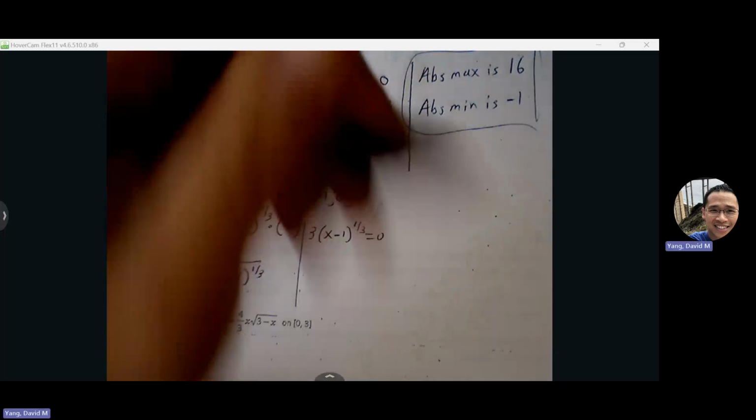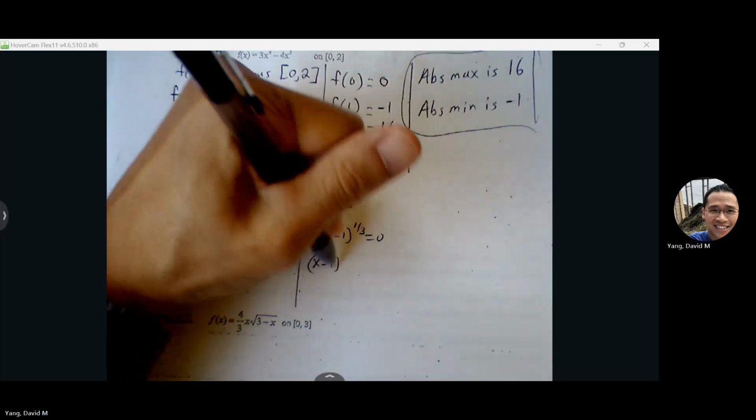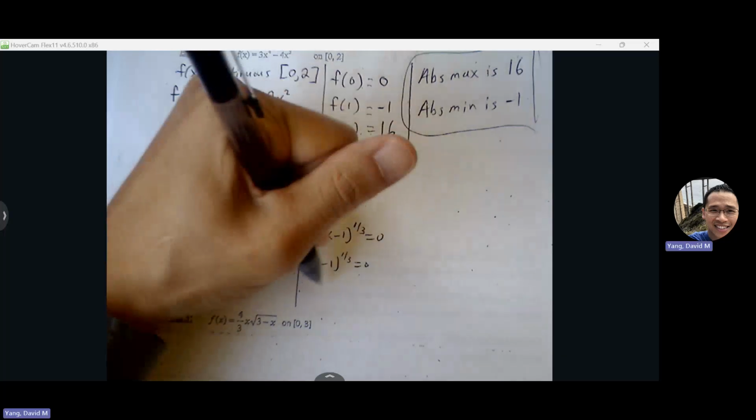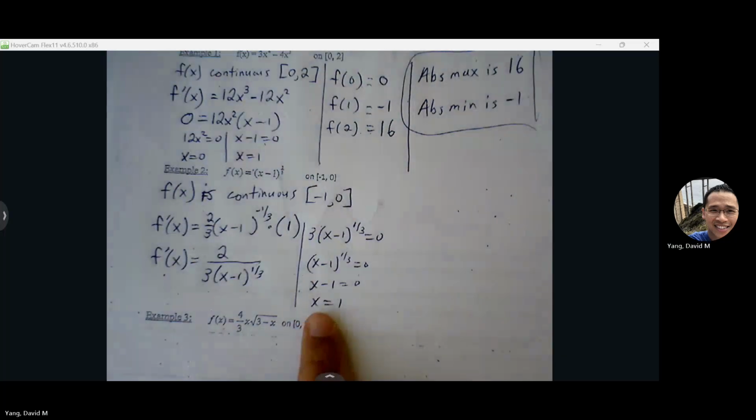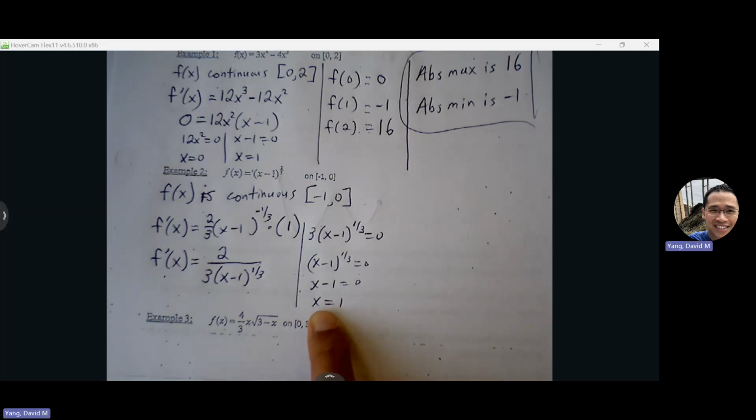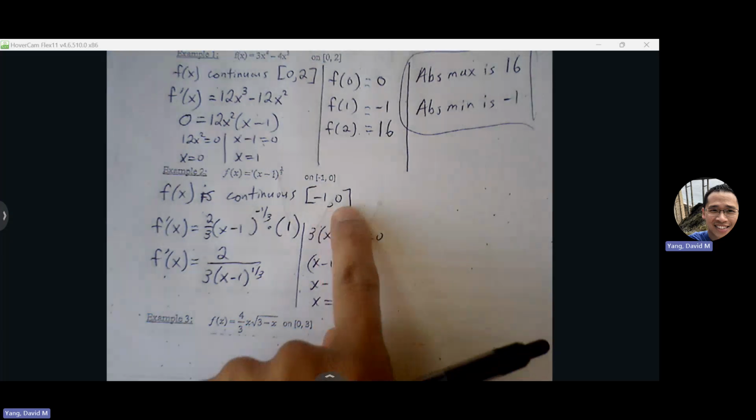Okay, so algebraically, we'll divide by 3 first. Cube both sides. Solve for x. So we have a critical point, but is this a valid critical point for us to use? Why not? It's not inside the interval.